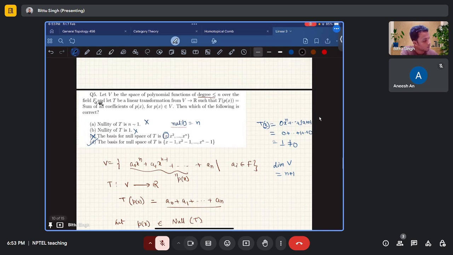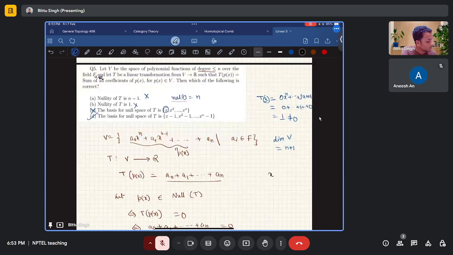For example, if you take some C belonging to R, then this C is the same as T of C. T applied to C will give you C, because this C can be written as C times 1 plus other terms that are 0.